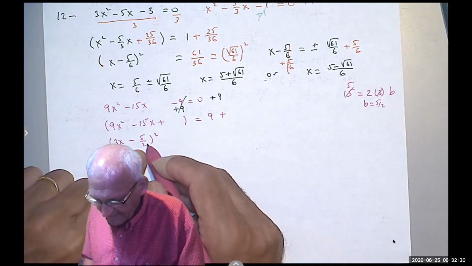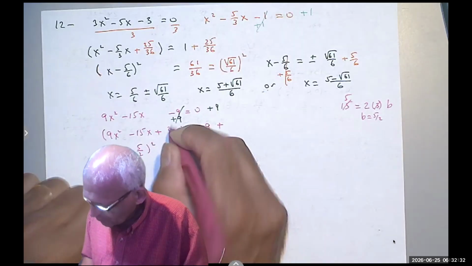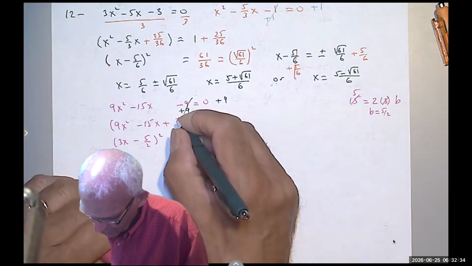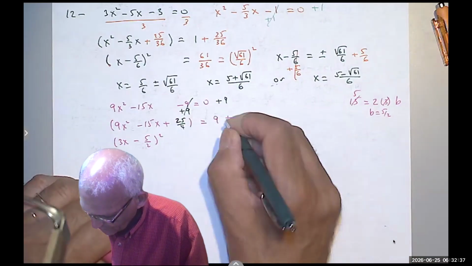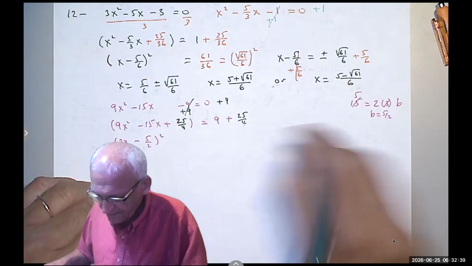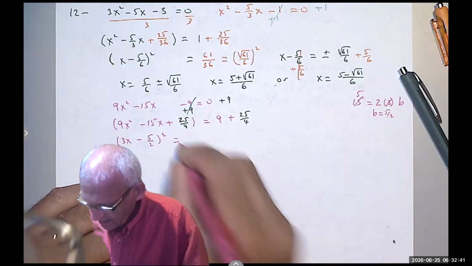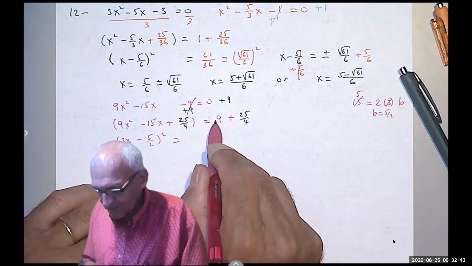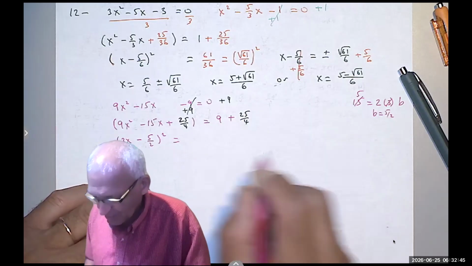With 5 halves, when I square it, it is 25 over 4. So I have to add 25 over 4 to both sides. 4 times 9 is 36, plus 25 is 61 again.